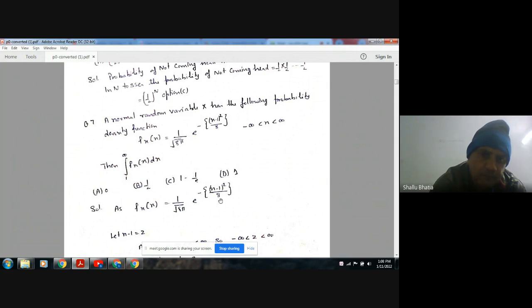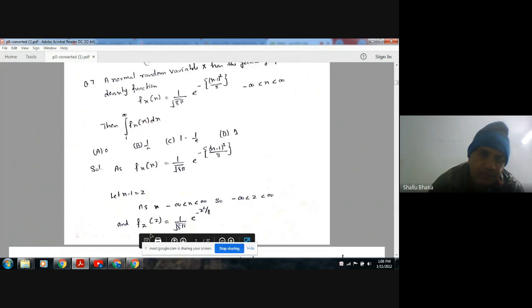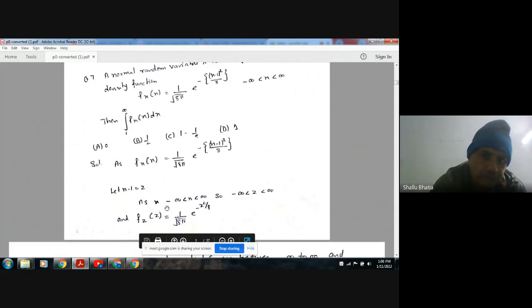Now if we put x minus 1 equal to z, then as x varies from minus infinity to infinity, z will also vary from minus infinity to infinity.